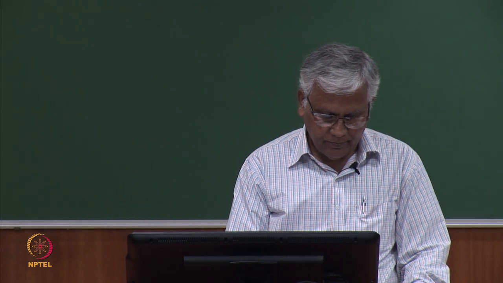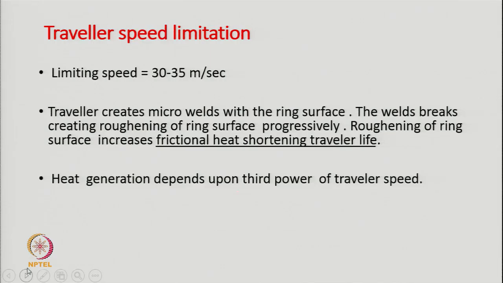As a result, the traveler life shortens. So, heat generation depends upon the third power of traveler speed. A small change in traveler speed will increase the heat too much.